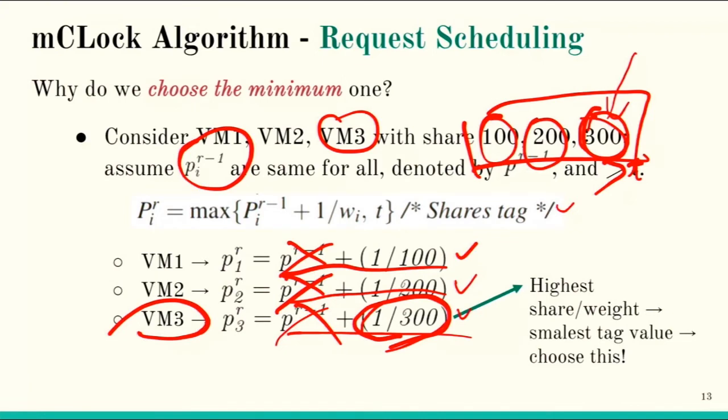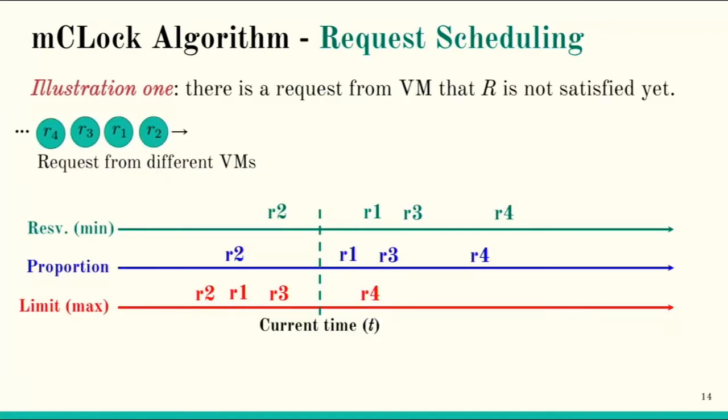We will see illustrations of how this queue of requests will be processed by the system. In illustration one here, there is a request from a VM whose R is not satisfied yet. From the previous algorithm, we know that we will process a request from a VM whose reservation is not satisfied yet.